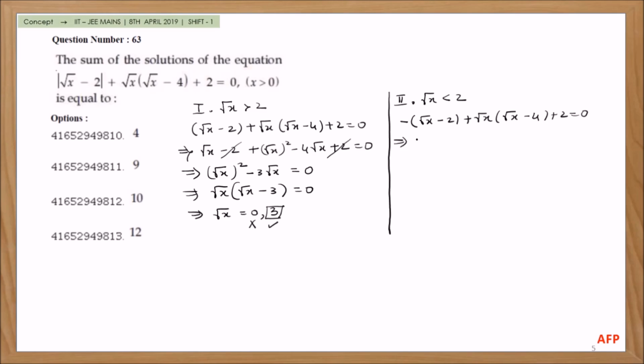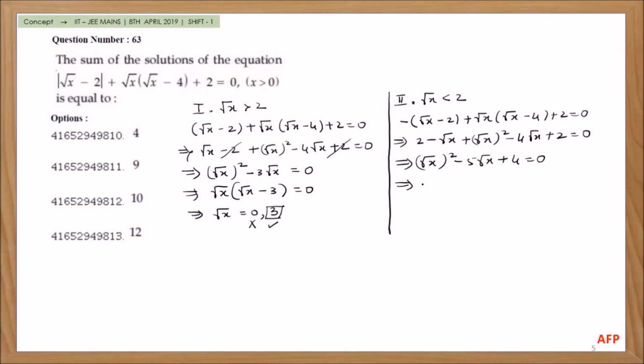So this implies 2 minus square root of x, whole square, minus 4 square root of x is equal to 0. Okay, now square root of x whole square, minus 5 square root of x plus 4 is equal to 0.